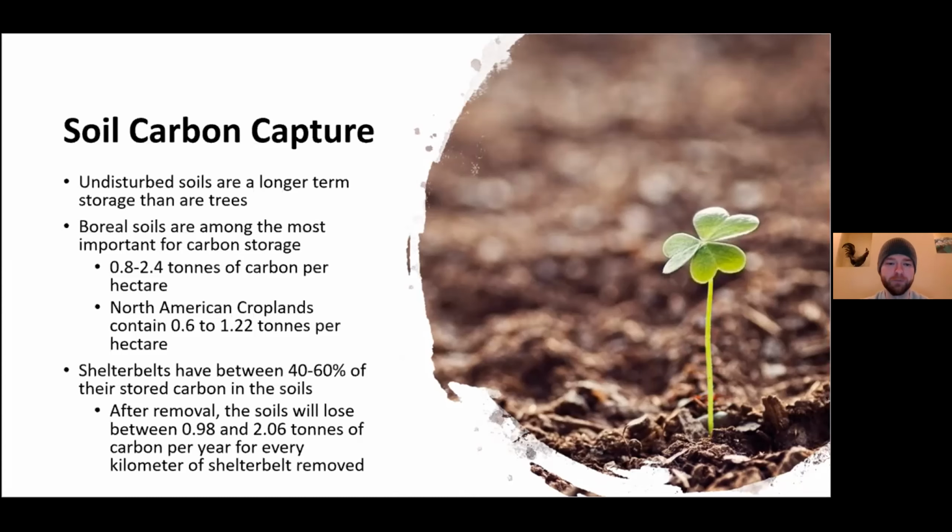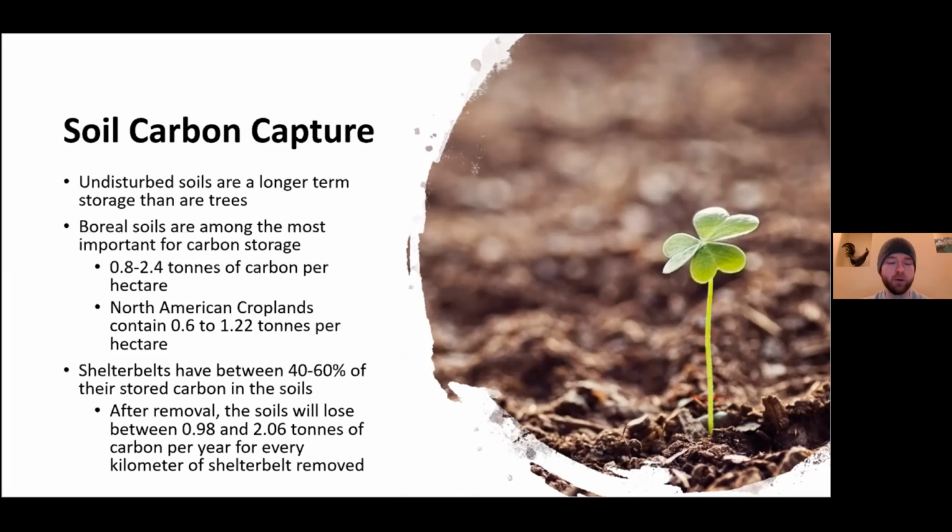So as you can see, in some boreal zones, 0.8 to 2.4 tons of carbon per hectare. So it's quite a bit. And with shelterbelts, roughly 50% of the carbon is stored in the soils underneath them. And when you remove them, the soils lose a lot of their ability to help store that carbon.